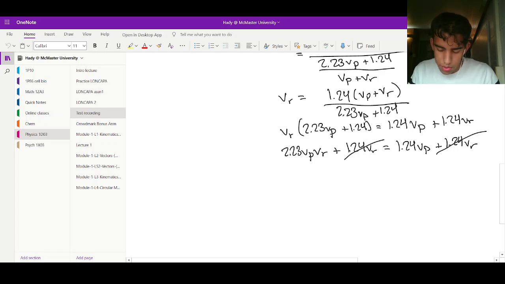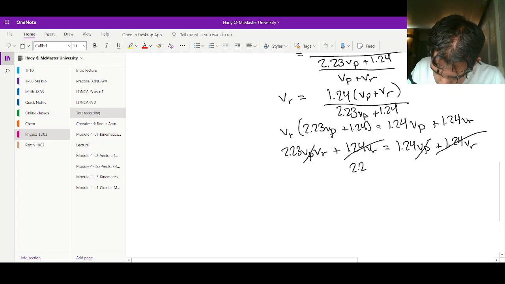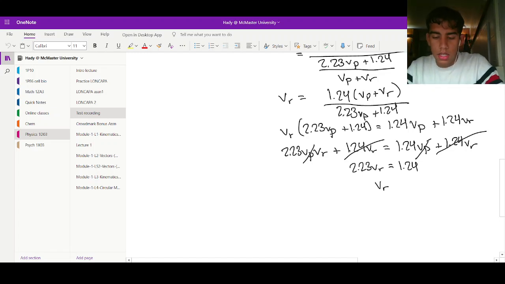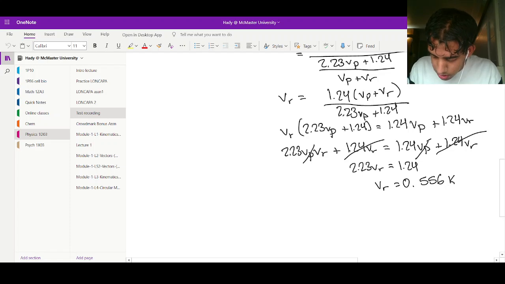We also see that VP can be divided out, as long as VP isn't 0, but in this case it's not 0. So we get 2.23 VR is equal to 1.24. So VR is equal to 1.24 divided by 2.23, which is equal to 0.556, and we worked in kilometers per hour here.